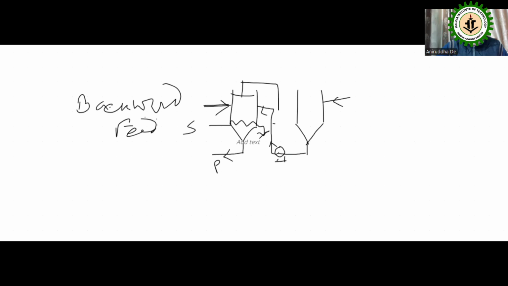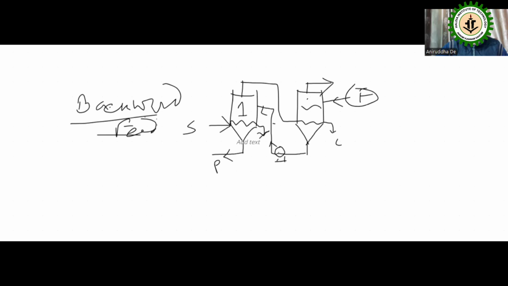From this you have understood why it is known as the backward feed. Backward feed means feed is entering into the last effect. This is the first effect, and this is the second effect.